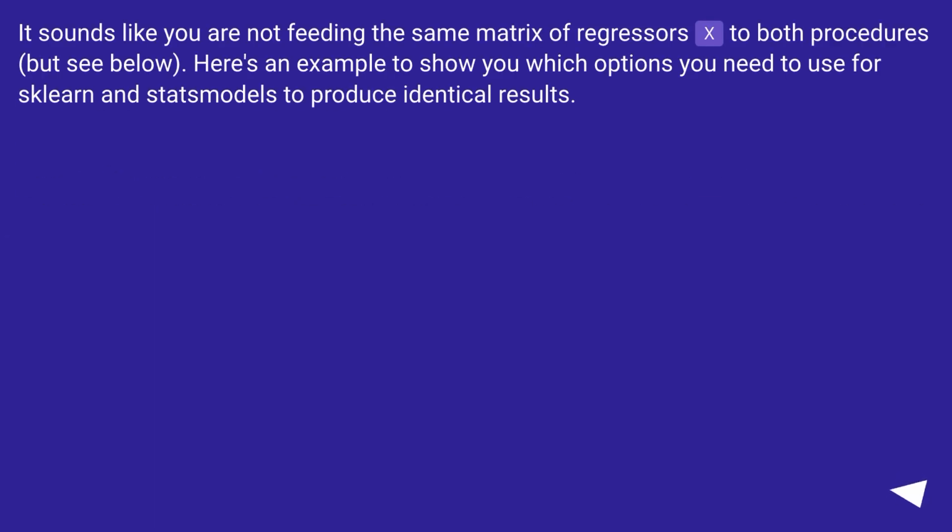It sounds like you are not feeding the same matrix of regressors X to both procedures, but see below. Here's an example to show you which options you need to use for Scikit and Statsmodels to produce identical results.